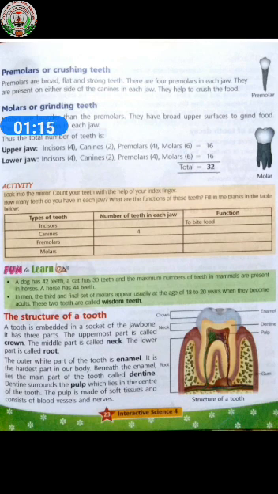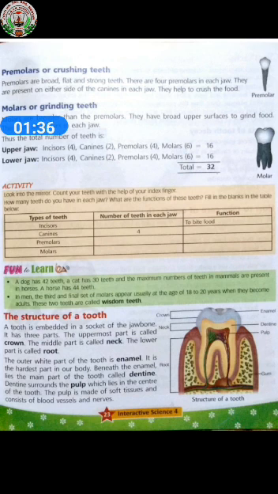Canines: the number of teeth in each jaw is 4 and the function is to tear the food. Premolars: 8, and the function is to crush the food. Molars: 12, and the function is to grind the food.